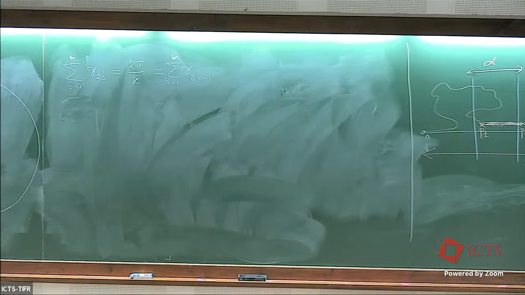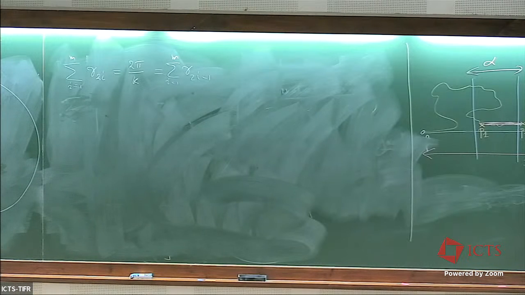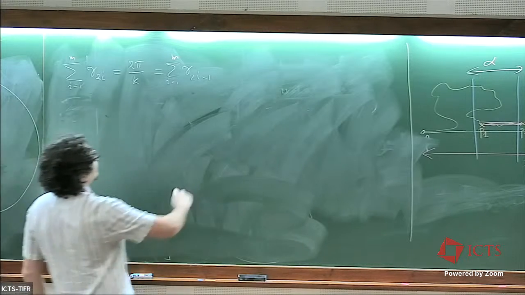So there are two cases. If m is even, like an octagon, they're all in the same class. If m is odd, like the 10-gon, there are two different classes. So that's why you possibly need this. 2 pi over k, k is some integer.